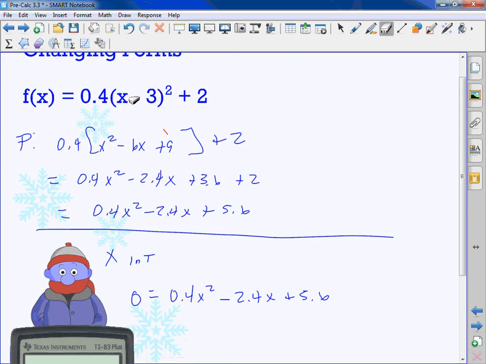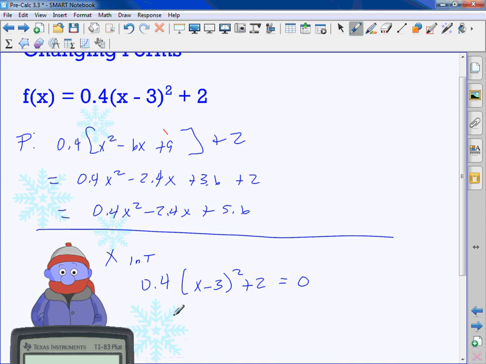Let's use this one up here, and I'm going to show you why. You can leave that in your notes if you had it there. 0.4 times x minus 3 squared plus 2 equals 0. What's my first step? Nope, we don't need to do that yet.